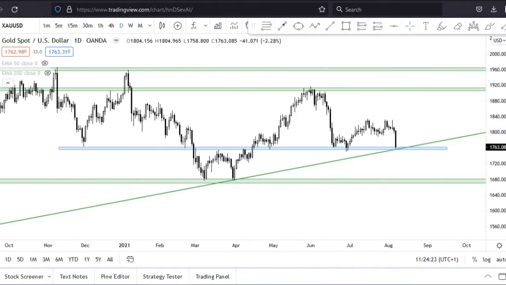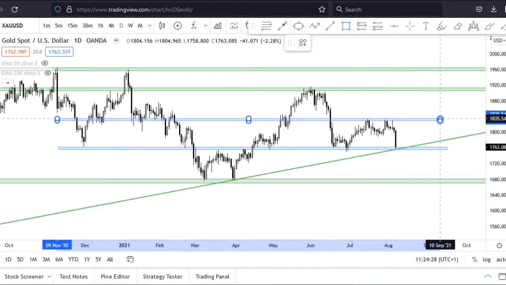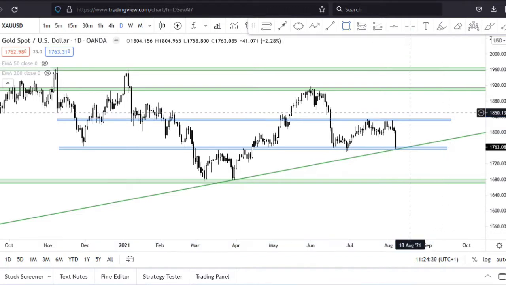I can also identify this resistance level over here that price failed to break above on the daily time frame, and this is where we formed this double top pattern before coming back down to this trend line.